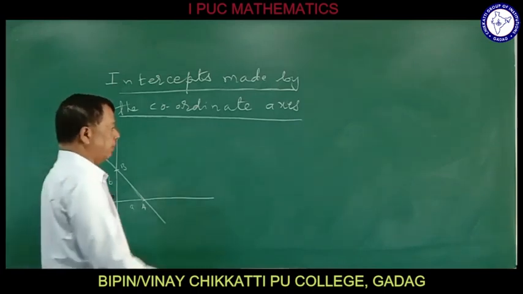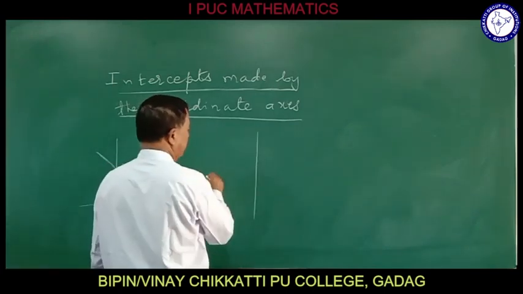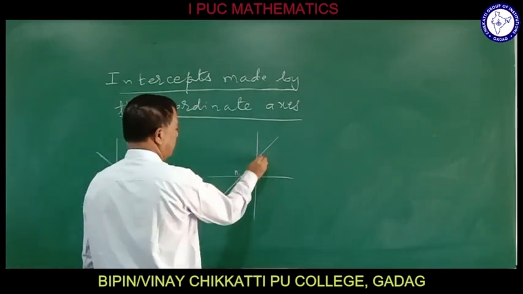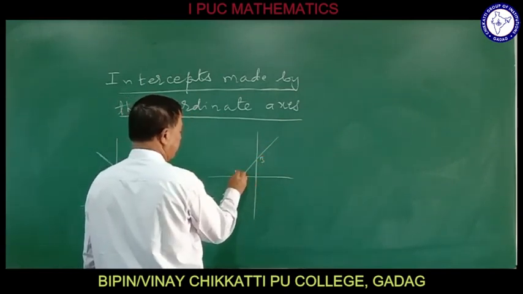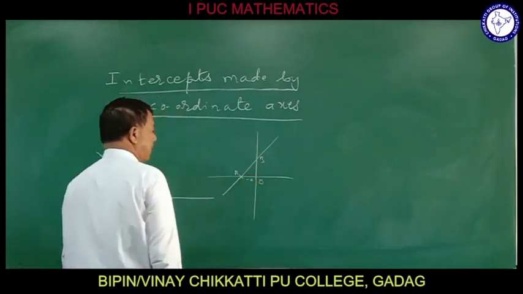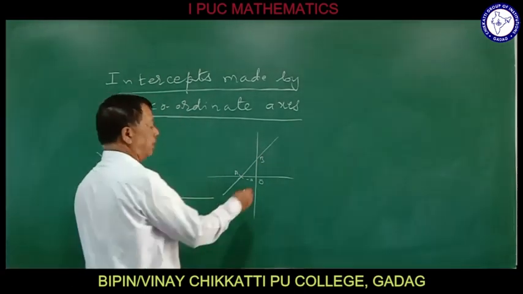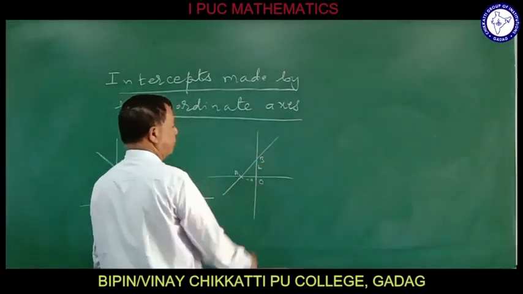Suppose I go like this: here this is A, this is B, and this is OA, here it is minus A. Minus A is the x-intercept and B is the y-intercept.